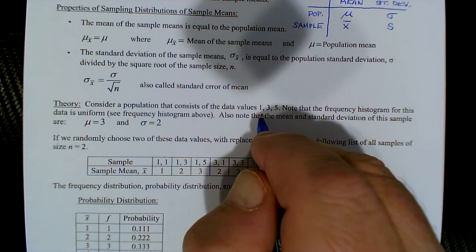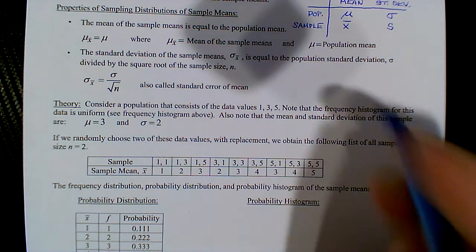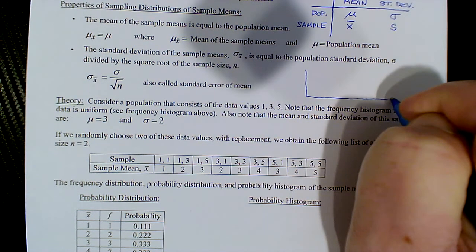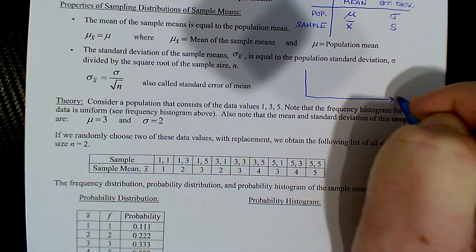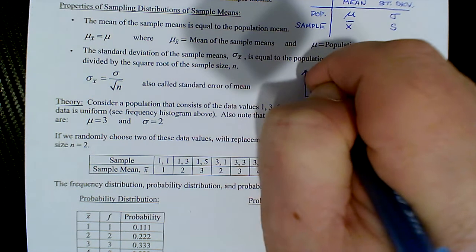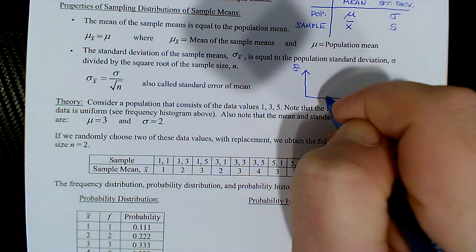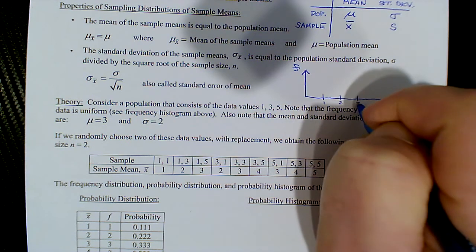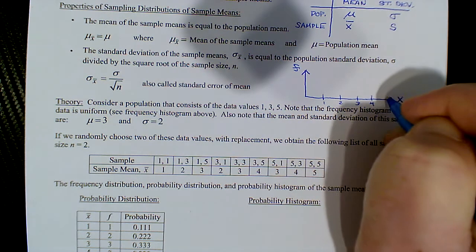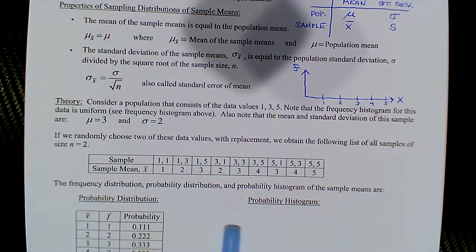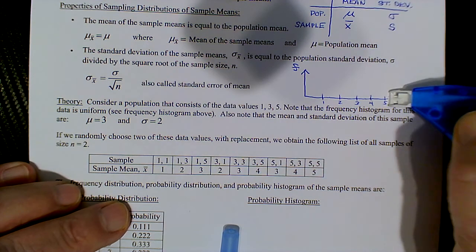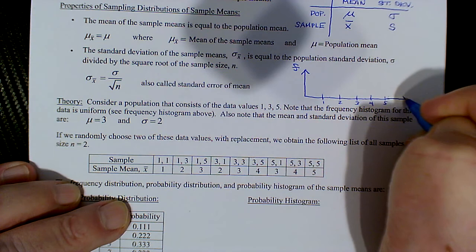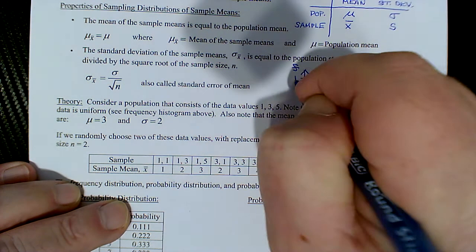But here we're going to take a population that just has three data values, 1, 3, and 5. And if we draw a frequency histogram of those three x values, so those are the data values, 1, let's say 2, 3, 4, and 5, and they just occur once.